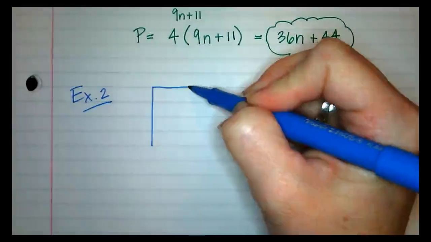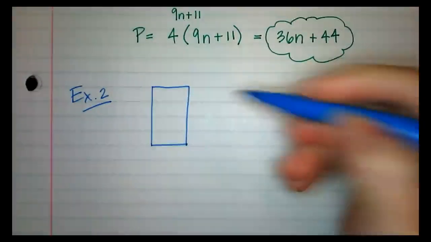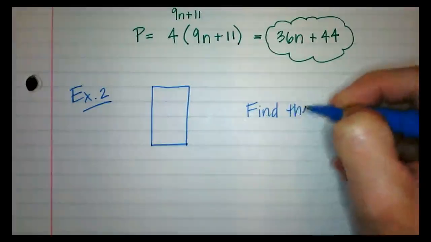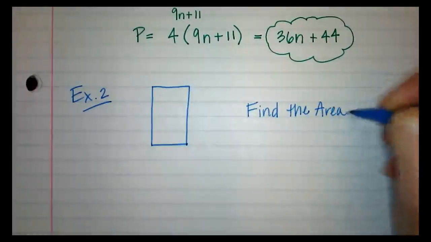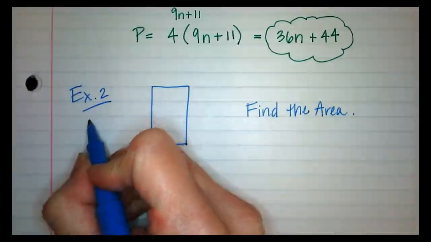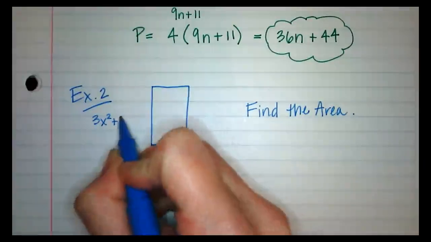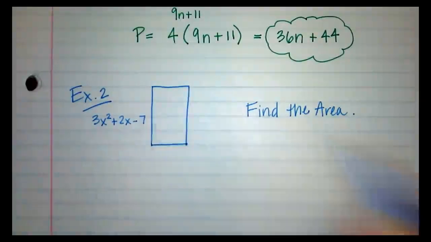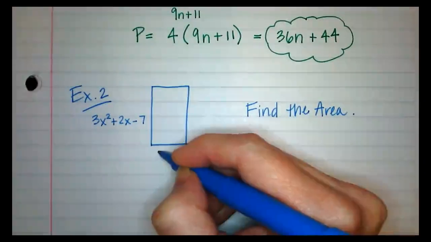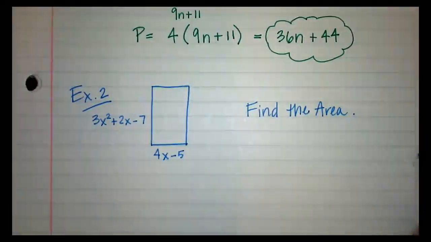So if we have this rectangle, and we are going to find the area, let's say this side has a length of 3x squared plus 2x minus 7. And let's say that this side has a length of 4x minus 5.